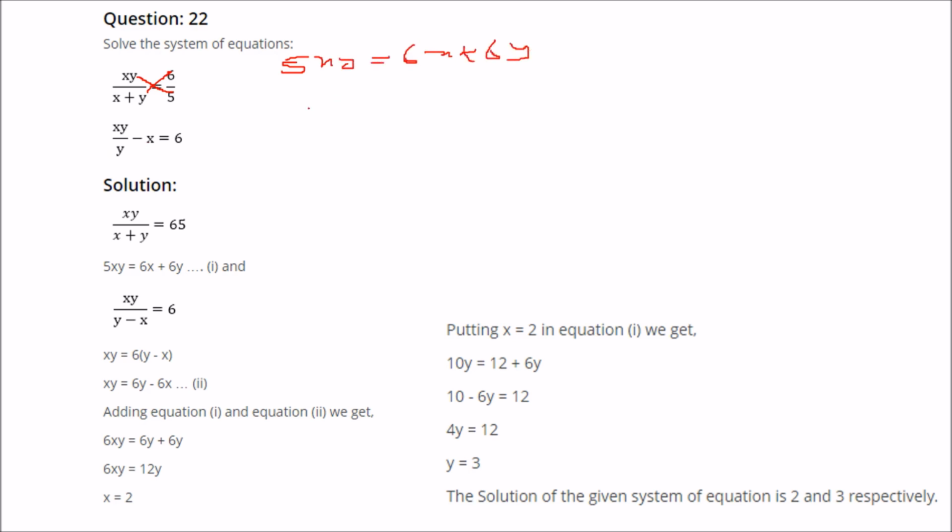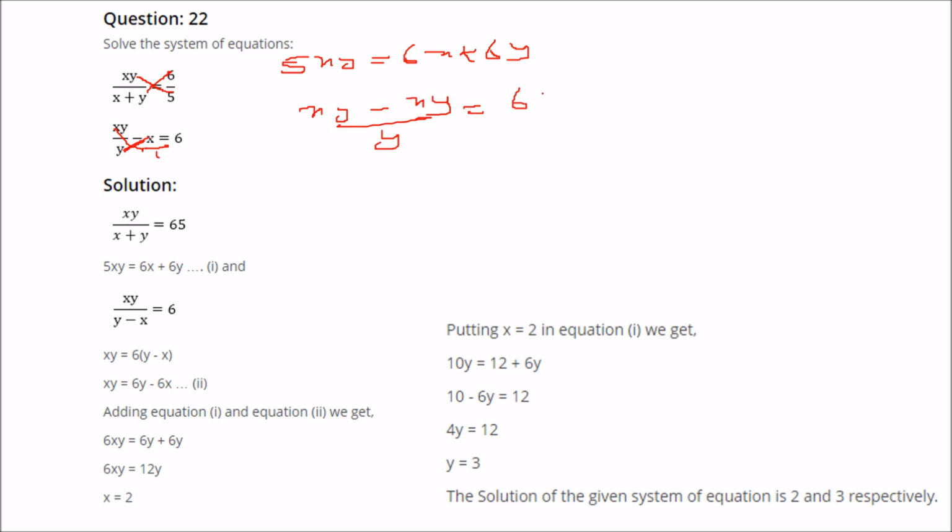What do you get here? See, if I take like this, so this will be xy minus xy, by y equal to 6.